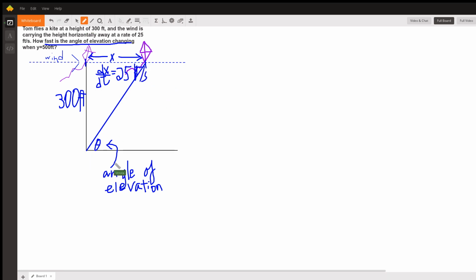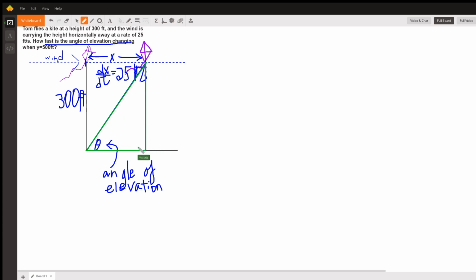So it's a little hard to deal with an angle that's outside of a triangle. But here in green, if I just complete this rectangle by making a vertical here, and look at this triangle, now my angle of elevation is inside the triangle.